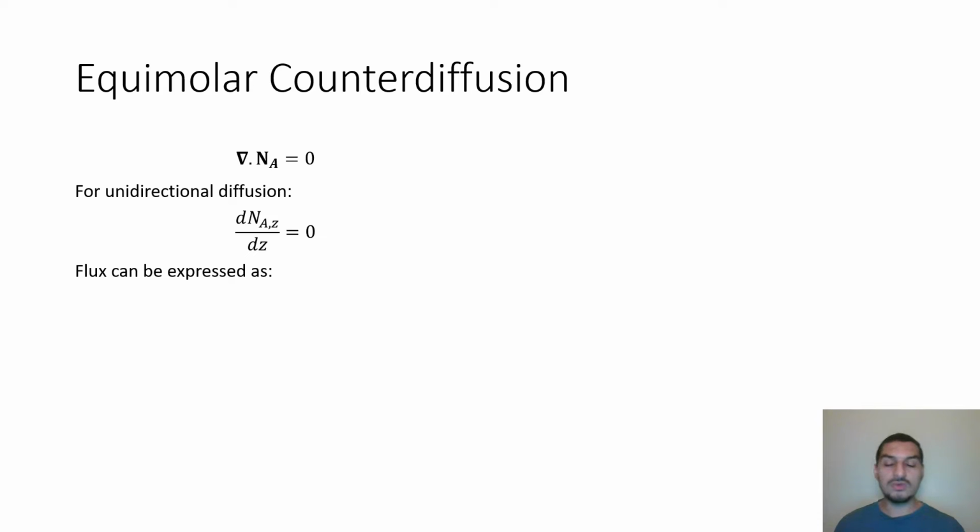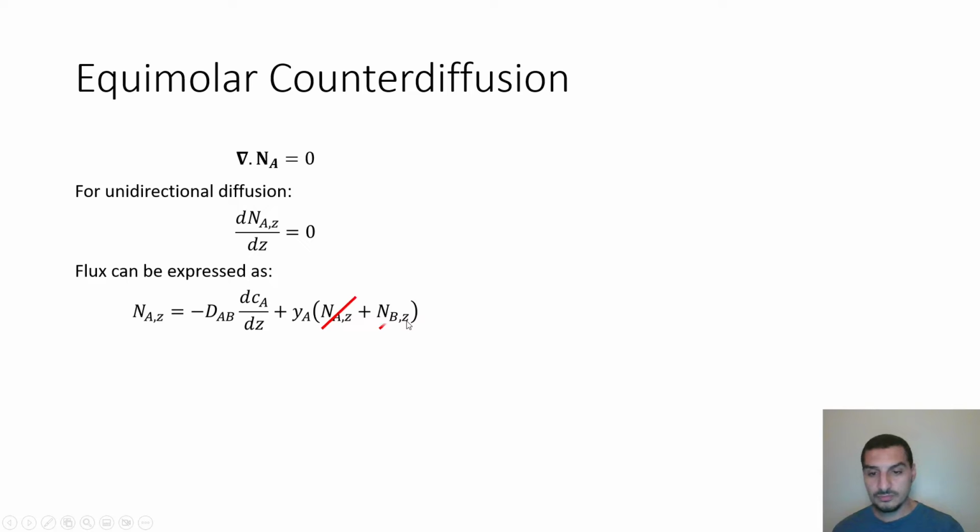We will go for the second step, which is going to the flux. In the flux equation, in this case we have NA equals negative NB, so this bracket would be cancelled out, and the flux equation is going to be just the first term, which is negative D multiplied by dC/dZ.